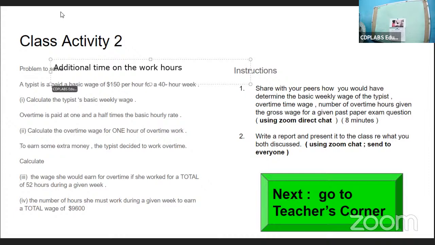The question is this. Arvil gave us a very good response for overtime. He said additional time on work hours. So my question now is, what do we mean by the work hours? Arvil says during the day, but the question is specifically talking about what?